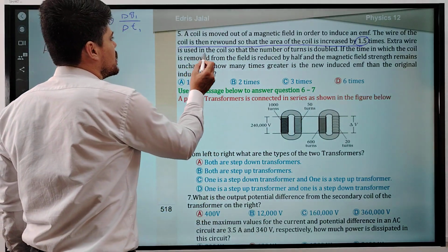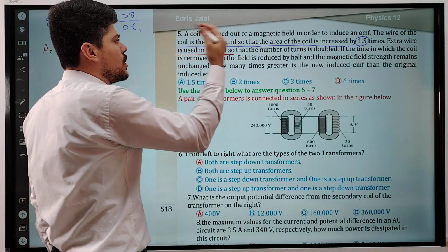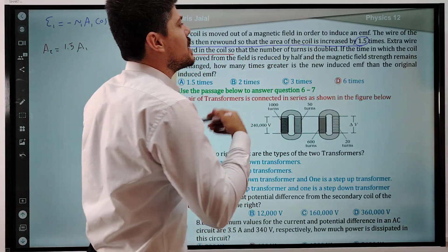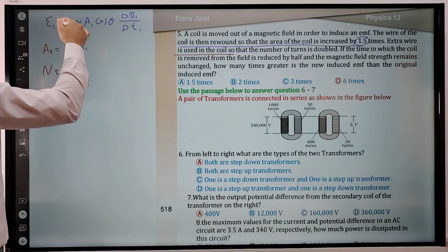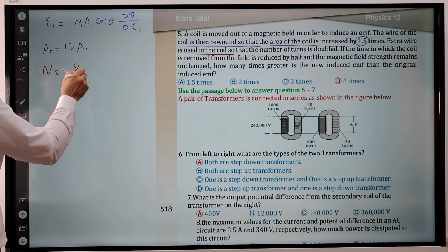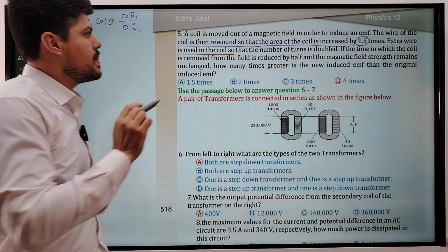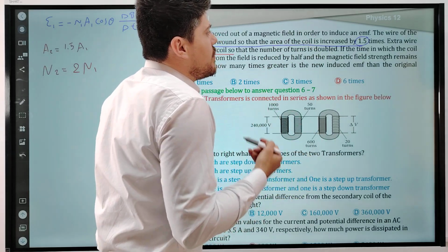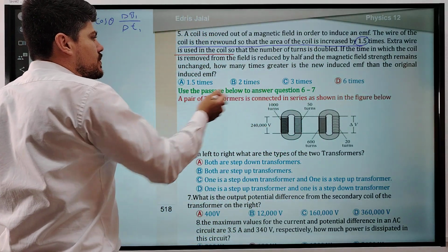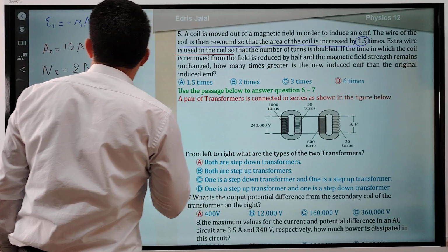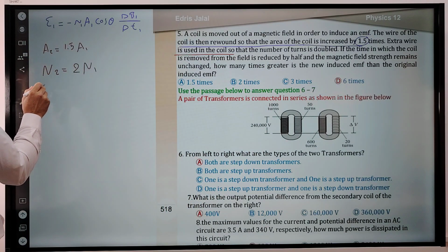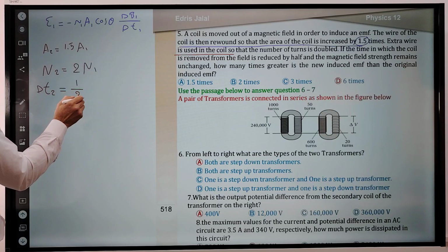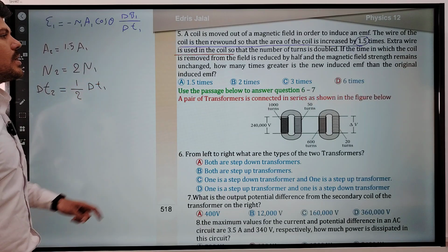Extra wire is used in the coil, more wire, so that the number of turns is doubled. What happened to the number of turns? N2 is doubled, twice as much as the first time, 2N1, okay? If the time in which the coil is removed from the field is reduced by half, area increased, number of turns increased, but delta T2 is equal to half of T1.